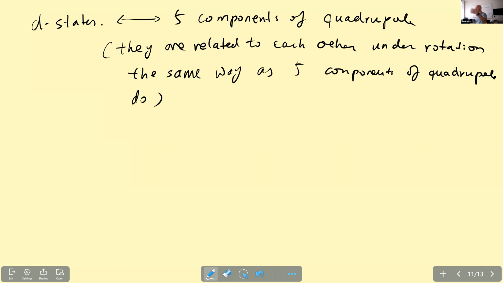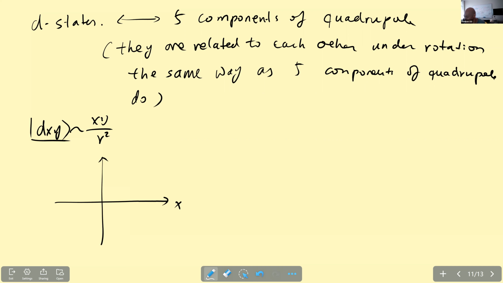All right, so you can look at this one, and then you can also have a picture. Let's look at, for example, dxy. We know that it's xy over r squared, right? So that's a d state. And now let's put this in a picture.